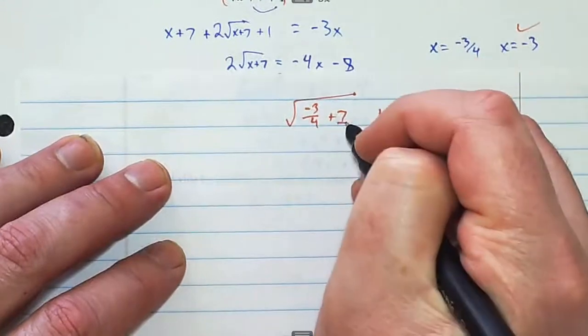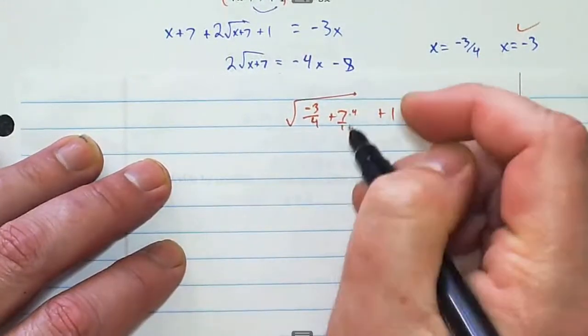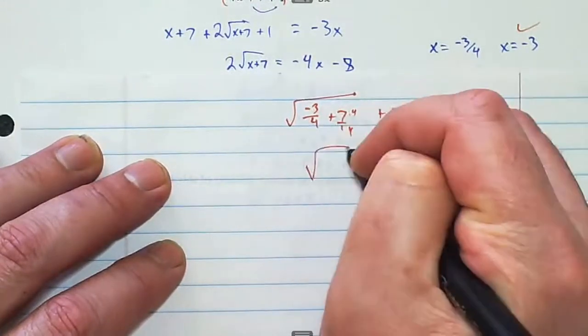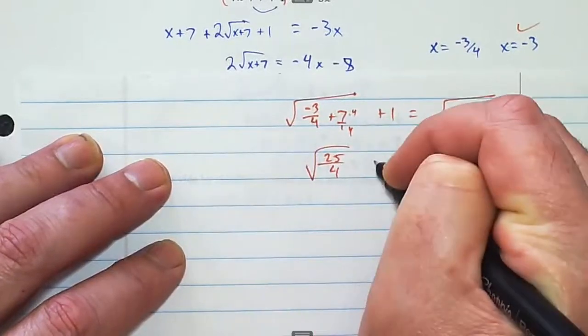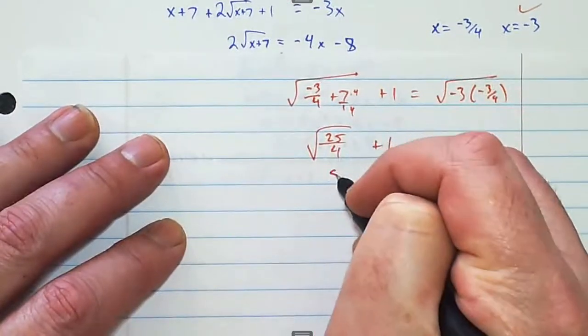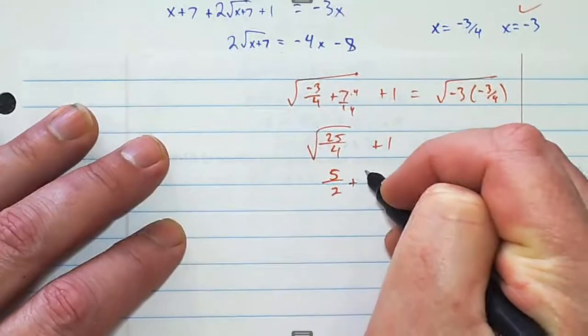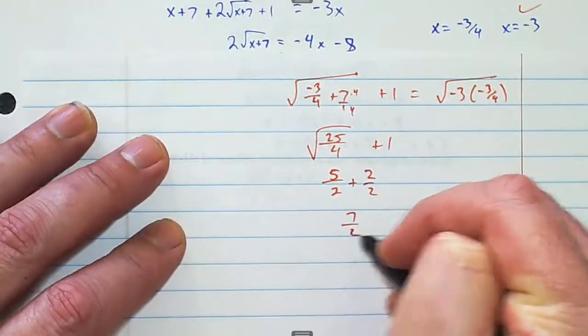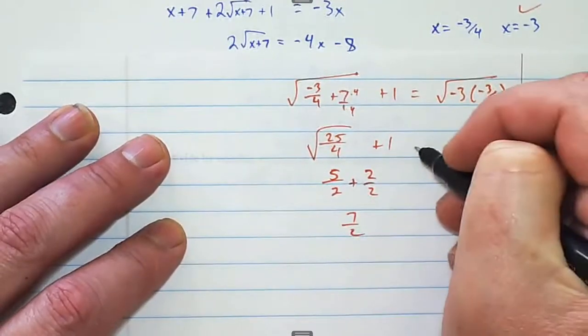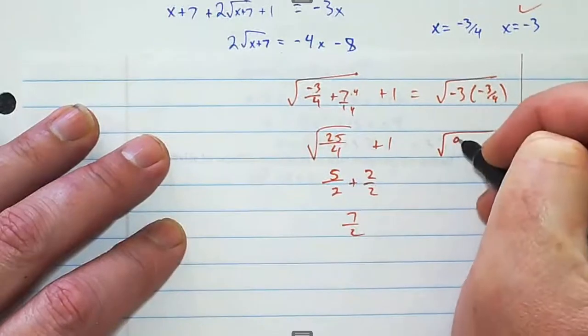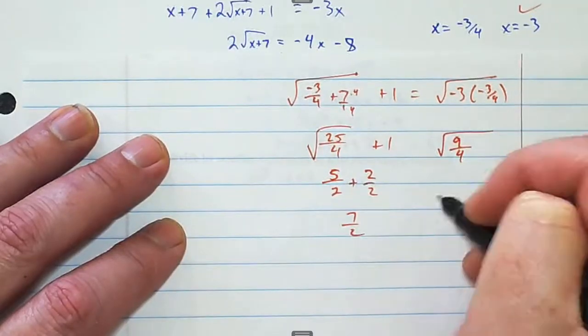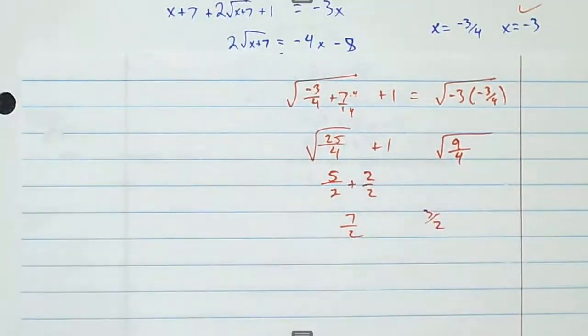So 7 over 1 multiplied by 4 over 4. That 28 minus 3 is 25. So this ends up being 5 over 2 plus 1, which is 2 over 2, so 7/2. And this is, what, 9/4? Whoops. That didn't work.